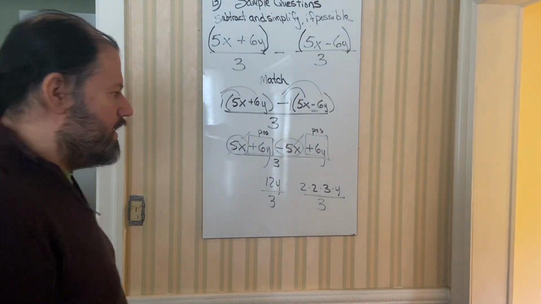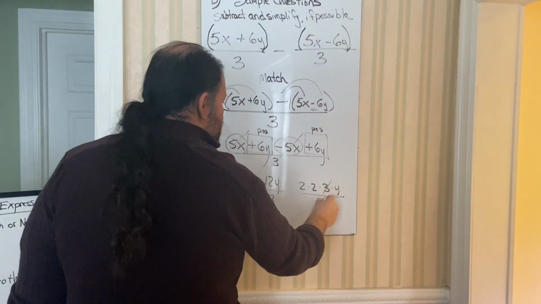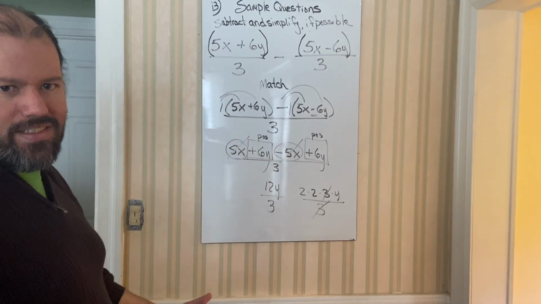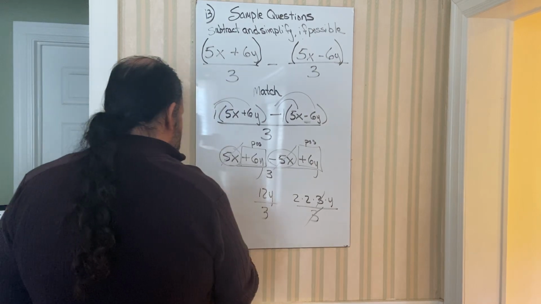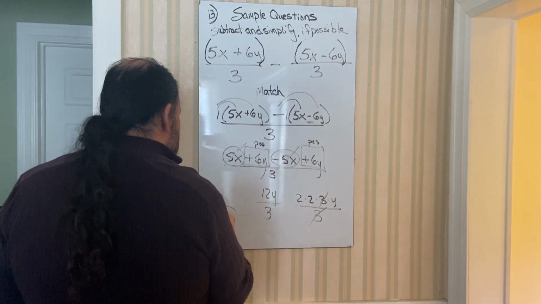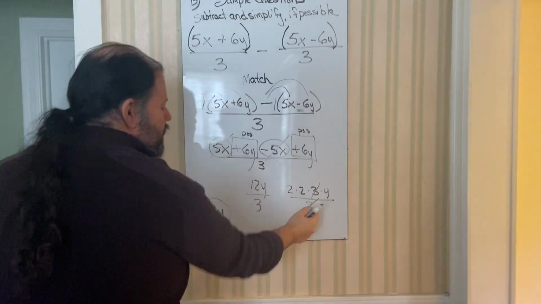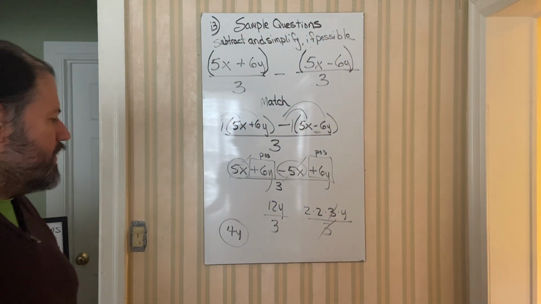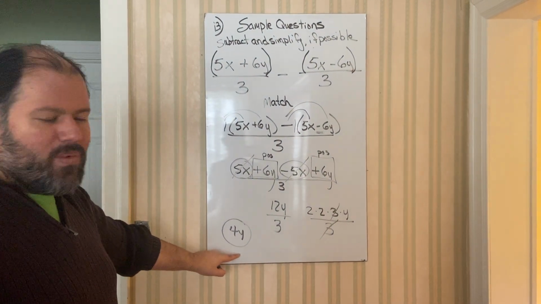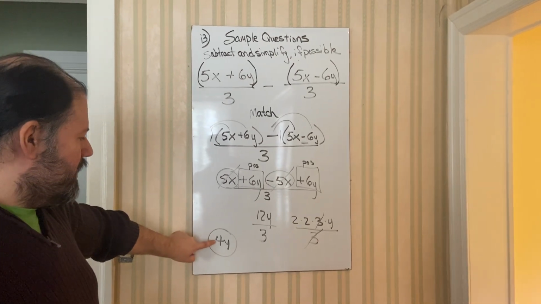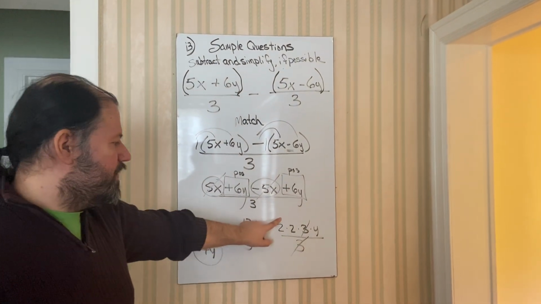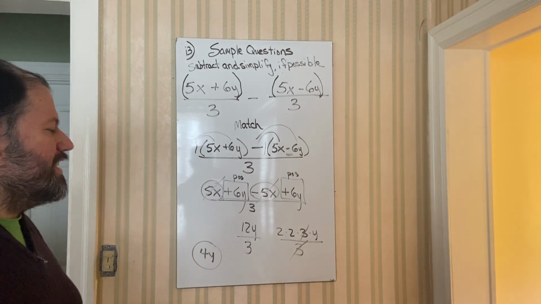So you know a 3 on top and a 3 on the bottom cancel. That's going to get you your leftovers of 2 times 2 times y, which is 4y. Notice that there's nothing left at the bottom. If there's nothing left at the bottom, you could put this over 1, but 4y divided by 1 is just 4y.